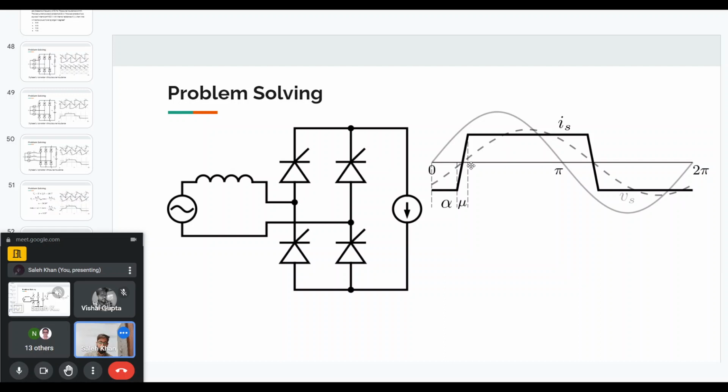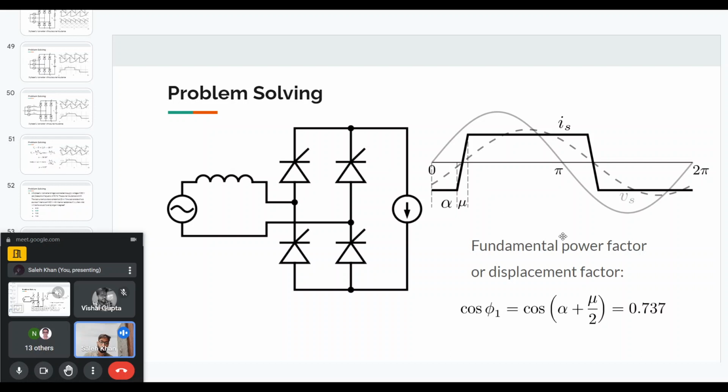And then you can see, because this mu angle is symmetric in the positive half cycle and the negative half cycle of the current, the current will cross zero at an angle of alpha plus mu by 2. So half of the mu angle, that is where the current will cross.